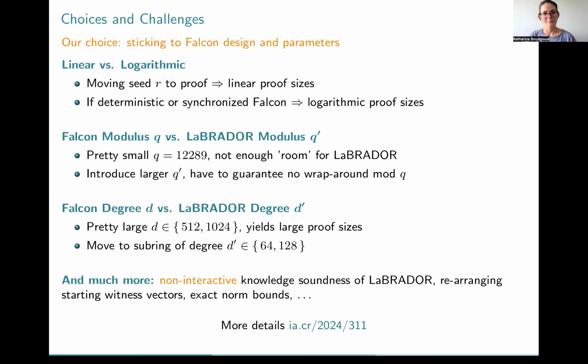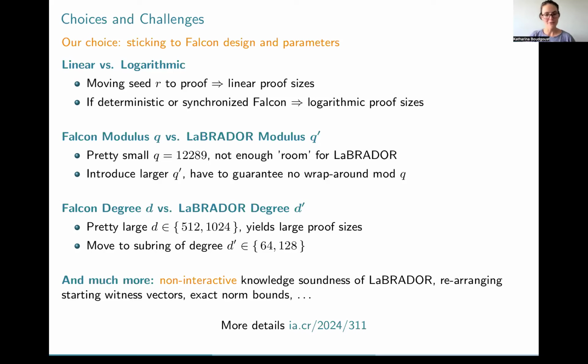And yes, the other thing is that we stick to Falcon, so we are given a modulus. The Falcon modulus is 12,289, and you cannot change it. But if you want to use this very same modulus to work with Labrador, then you simply don't have enough room to work.